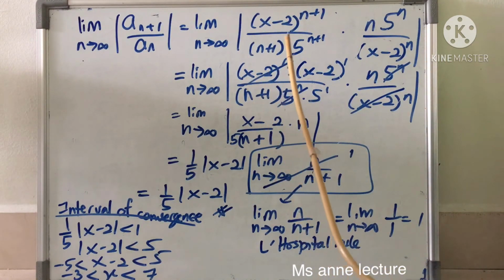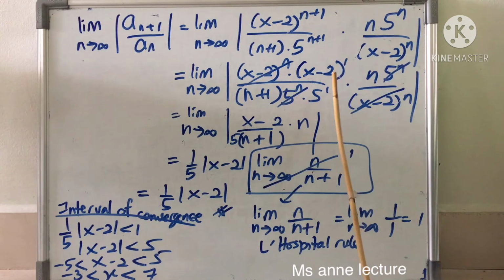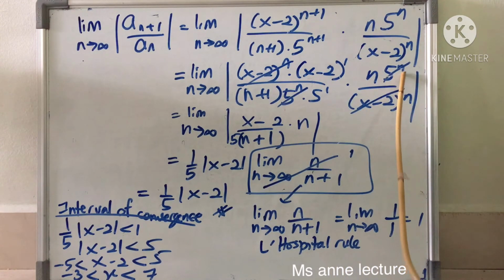Then we cancel: (x minus 2) to the power of n cancels with (x minus 2) to the power of n, and 5 to the power of n cancels with 5 to the power of n. Here we are left with (x minus 2) multiplied by n over 5 times (n plus 1).